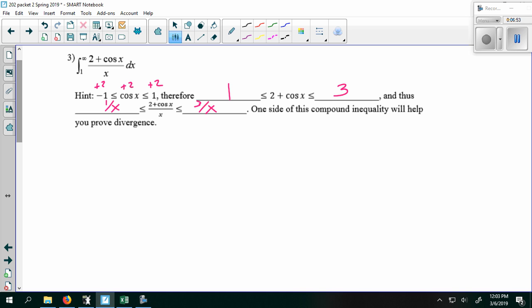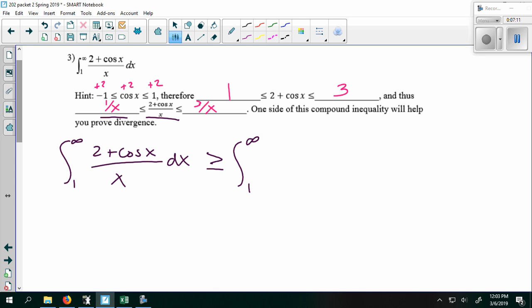So I need my integrand to be larger than something divergent. So my integral, the integral from 1 to infinity of 2 plus cosine x over x dx, is larger than the integral from 1 to infinity of 1 over x dx, which is infinite.